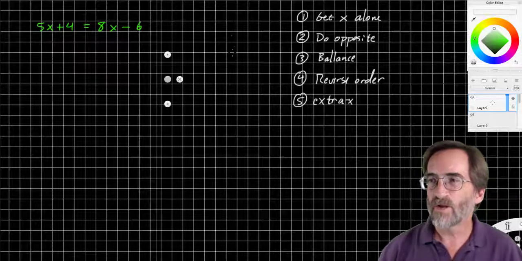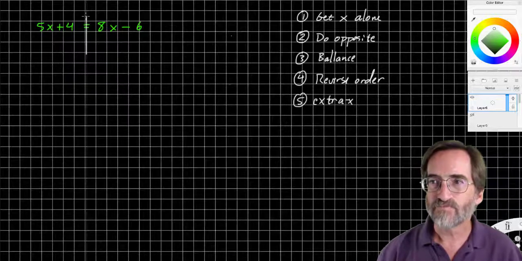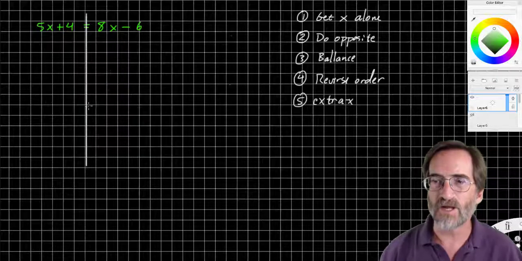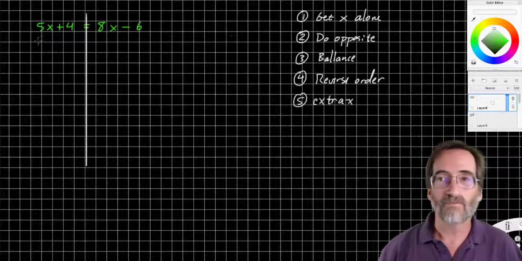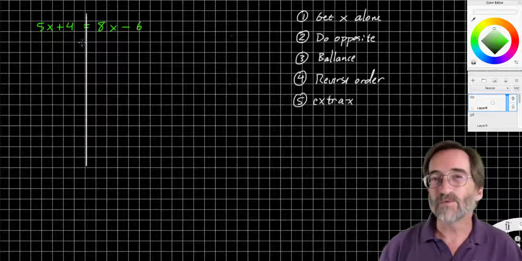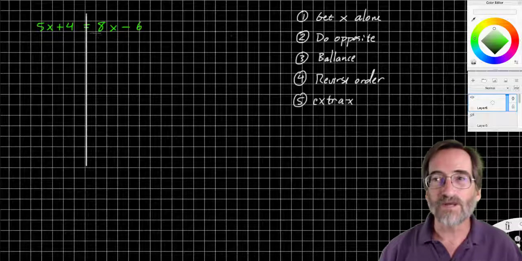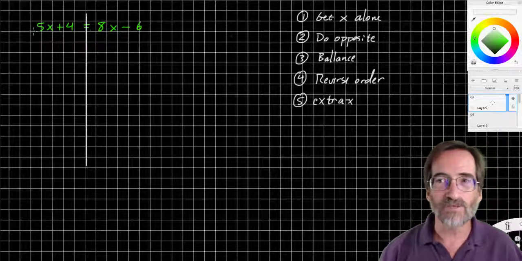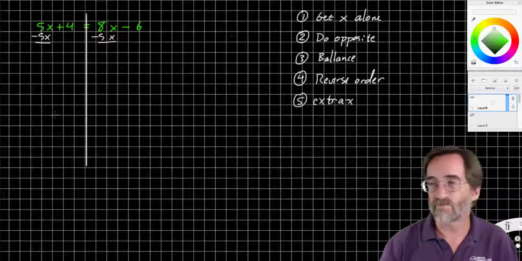And so what I do here is I determine which is bigger, which has the bigger coefficient, 5x or 8x. And 8x is bigger, so I'm going to get rid of the other one. I do that so that I end up with a positive coefficient on x, right? It would be technically okay to subtract 8x from both sides, but I'm going to subtract 5x from both sides because it is the smaller of the two and will result in a positive number.